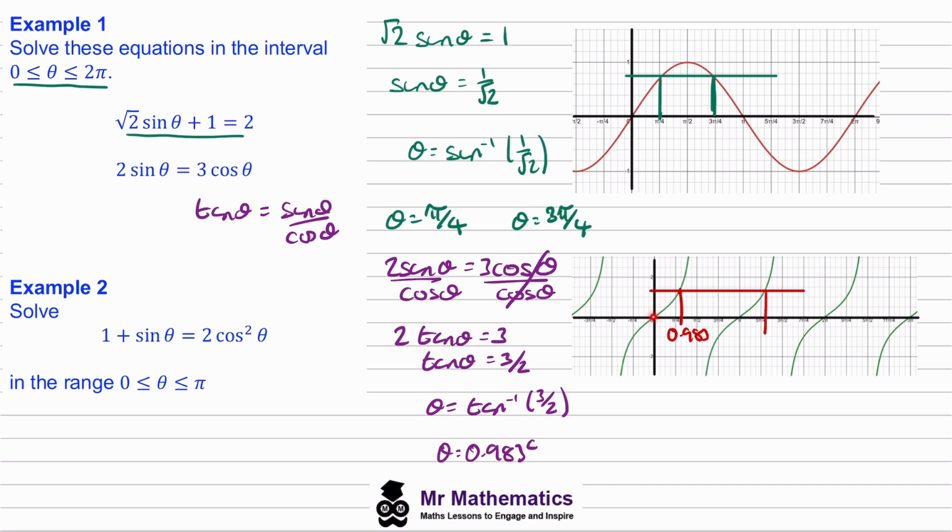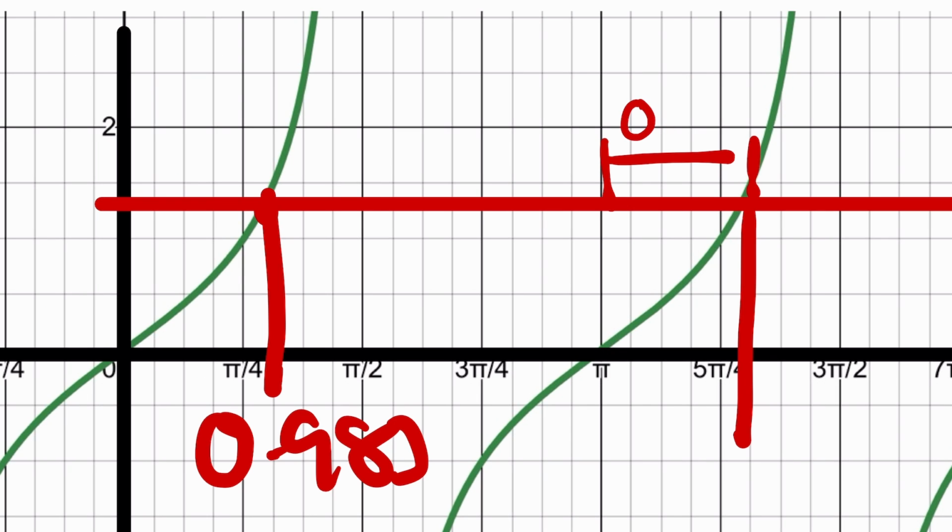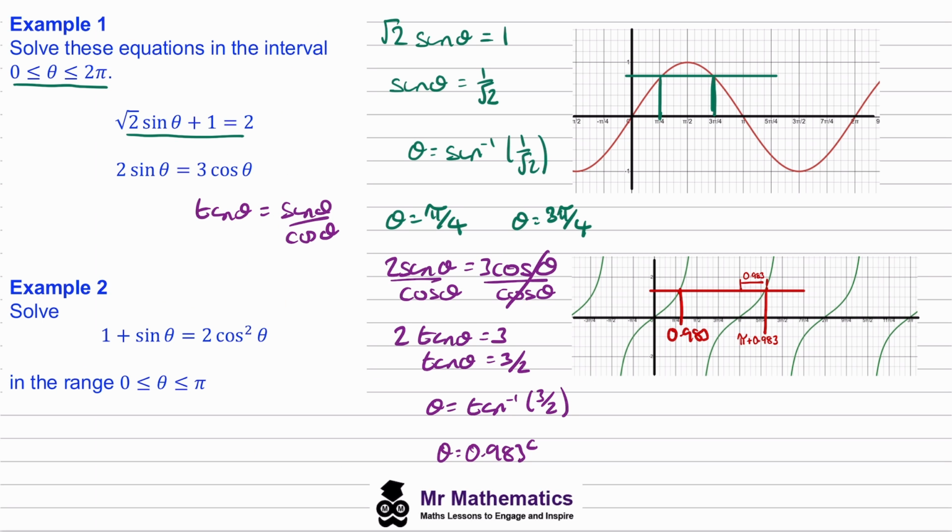Well, if this is from 0 and we go 0.983 from here, this will be the same if we go from pi. So this solution will be pi plus the 0.983. And when we work this out, we get approximately 4.125. So our solutions are 0.983 and 4.125.